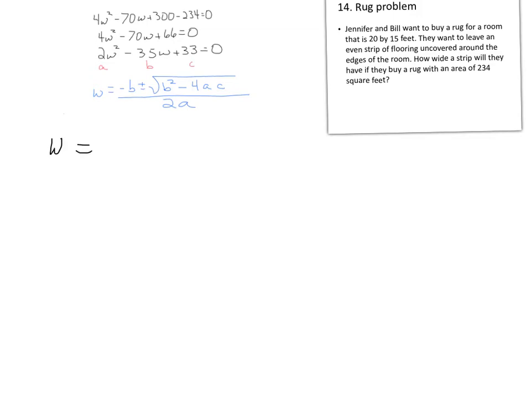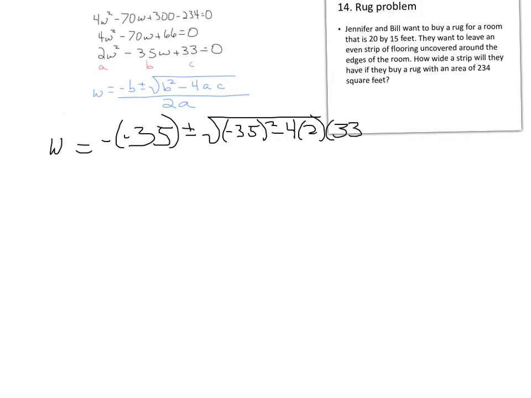W equals negative b, which is negative 35, plus or minus the square root of b squared minus 4 times 2 times 33, all of that over 2 times a, which is 2.